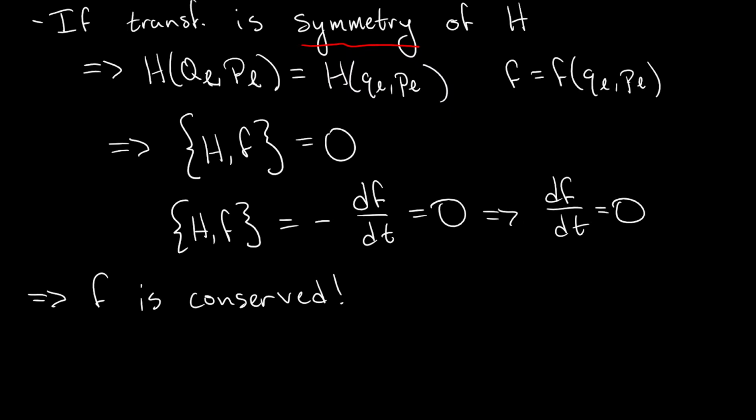Total time translations, keep in mind, because each of these q's and p's are functions of time themselves. So here, yet again, we're seeing, step by step, deeper and deeper, how symmetries are very deeply connected with conservation laws.